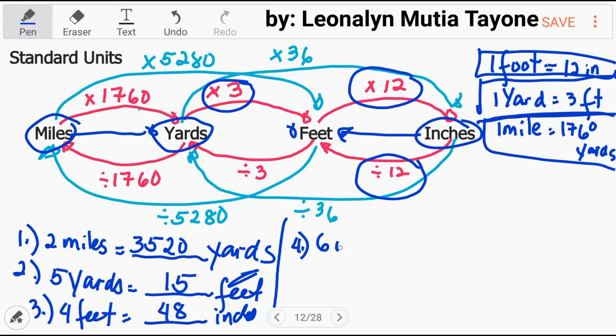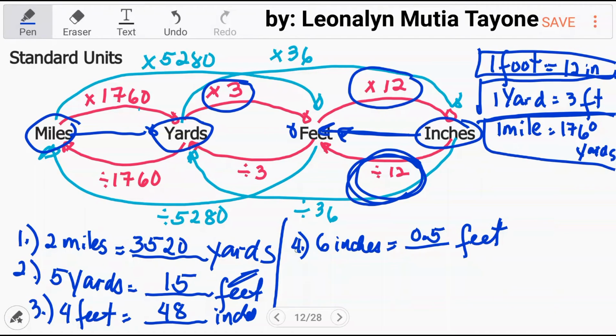Halimbawa kung 6 inches. Tapos, i-convert natin to feet. 6 inches to feet divided by 12. So, 6 divided by 12, and that is equals to 0.5 foot. Another way, 6 inches. I-multiply natin, tapos yung nasa denominator ay dapat inches siya para ma-cancel out yan siya.